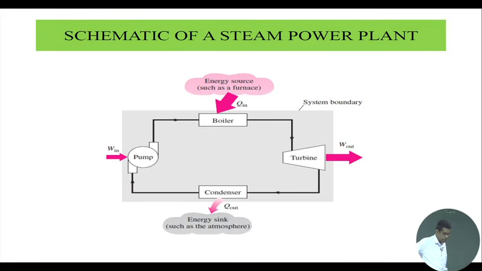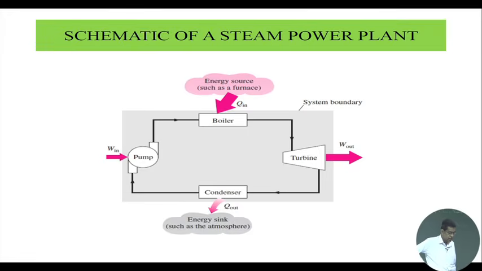Then after expansion, the low temperature and low pressure steam is passed through a condenser where it rejects heat to the atmosphere. Usually water from the atmosphere is taken as the cooling water, which takes the heat from the steam to condense it. Then it is given to the pump where it takes work and pressure is boosted to that of the boiler pressure.